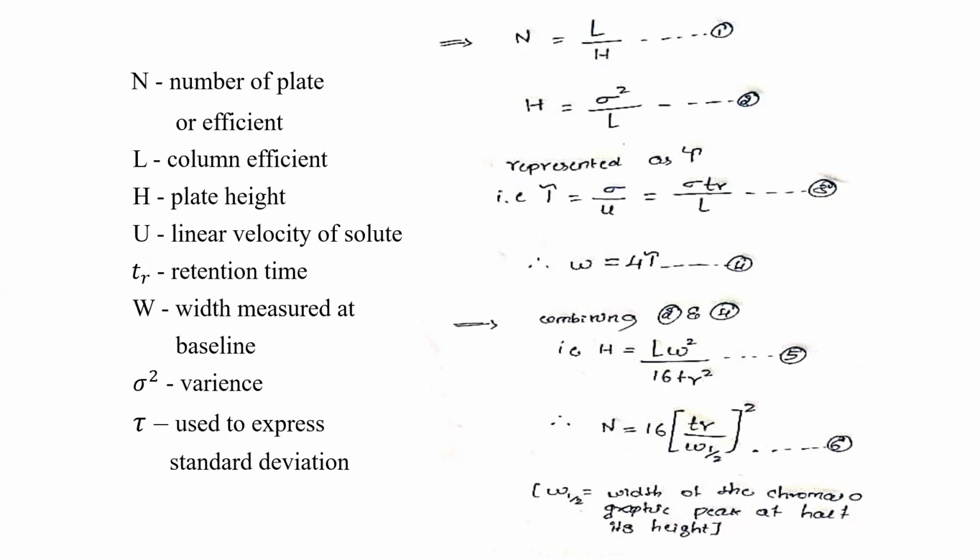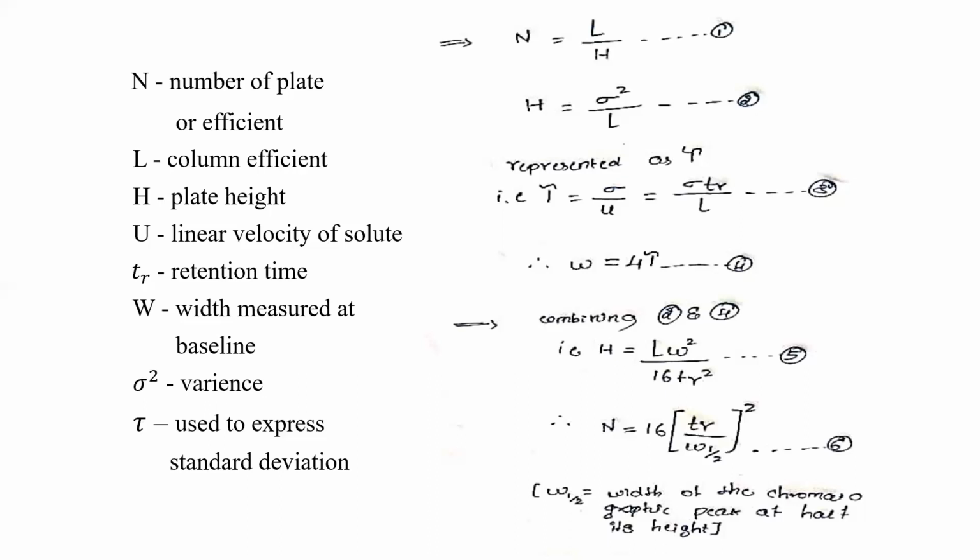Tau is equal to sigma by u, which is equal to sigma times retention time divided by L. If the chromatographic peak has a Gaussian shape, its baseline width is W, which is 4 times its standard deviation.